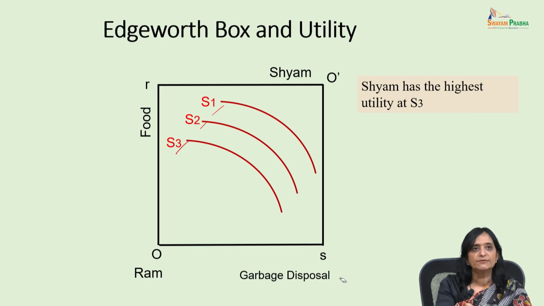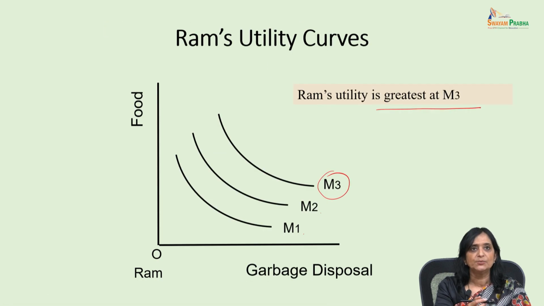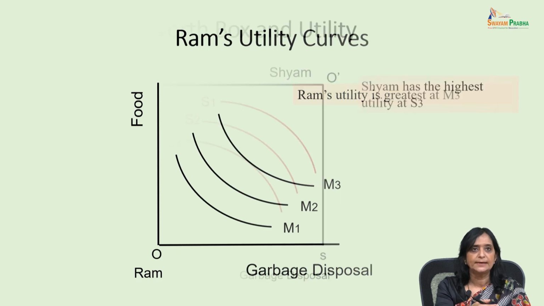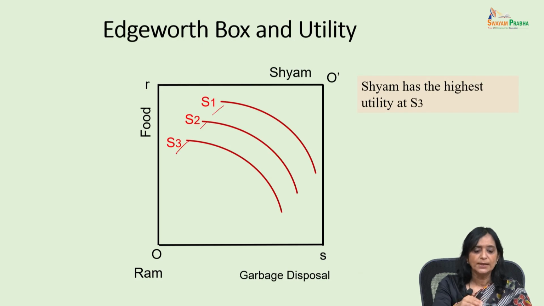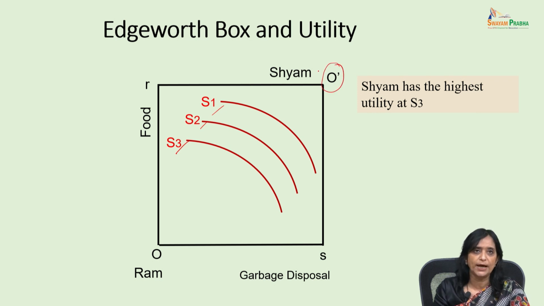Ram's indifference curves were convex as we saw them. But when we see Shyam's, they become inverted. They are of course convex to the origin, because Shyam's origin starts from O dash.